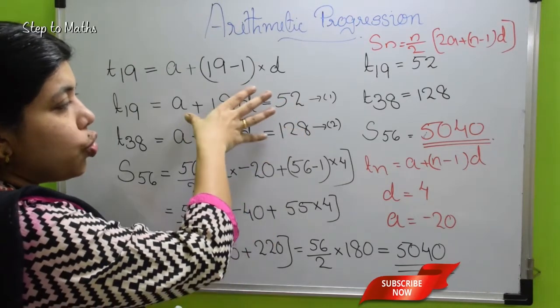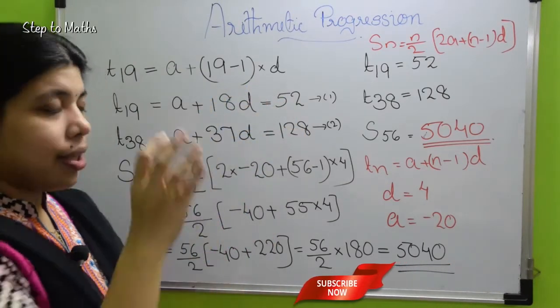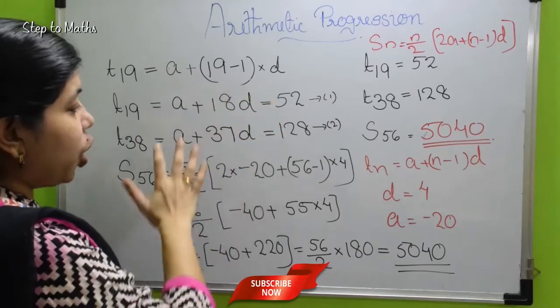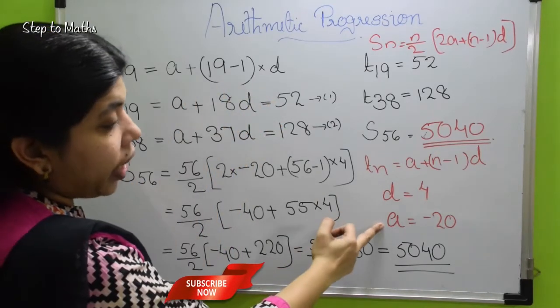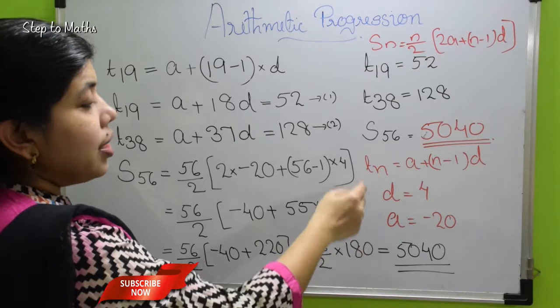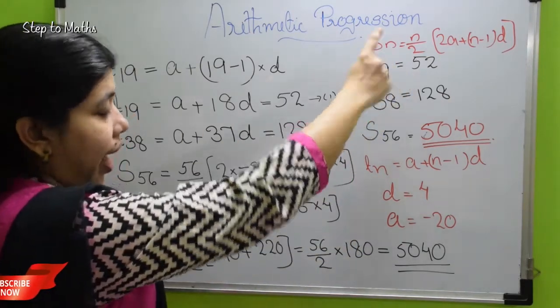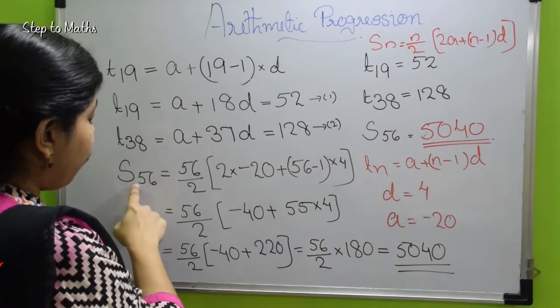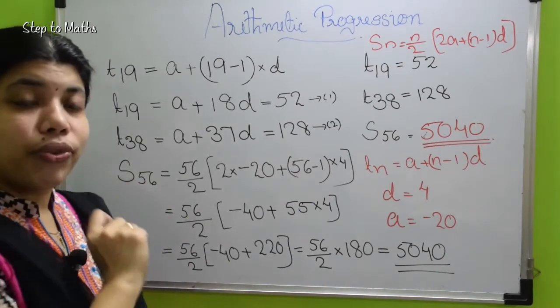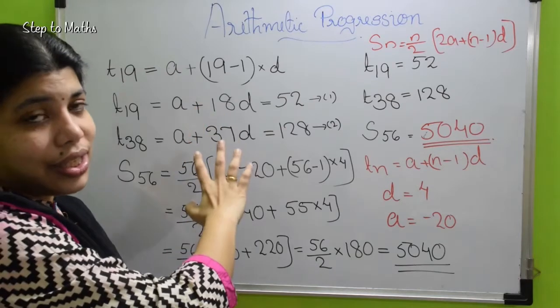That means we get two linear equations. We solve them to get the values of a and d, then substitute these in the equation for Sn. Finally, we find the sum of the first 56 terms of this AP.